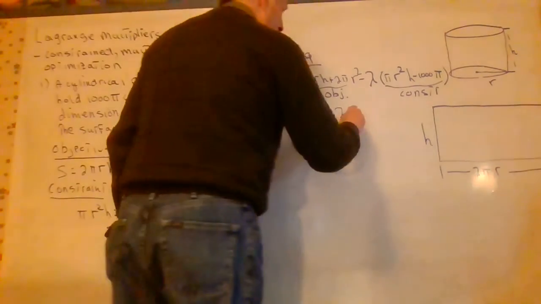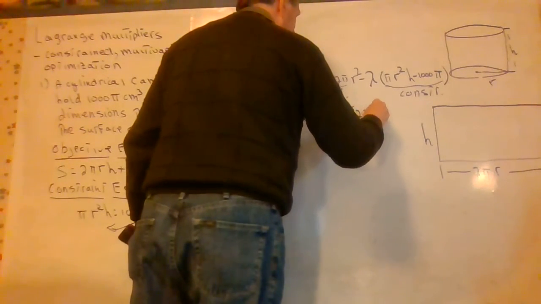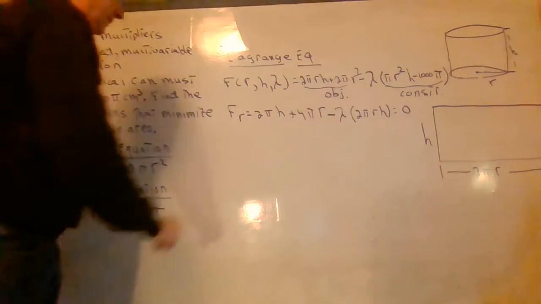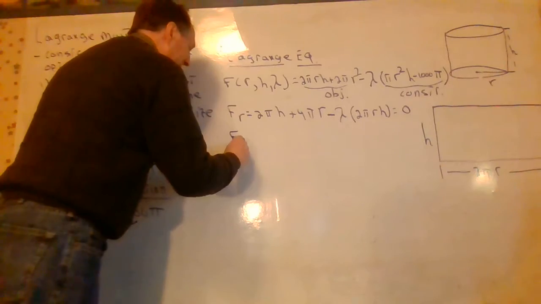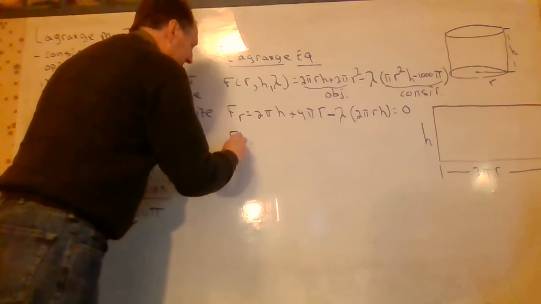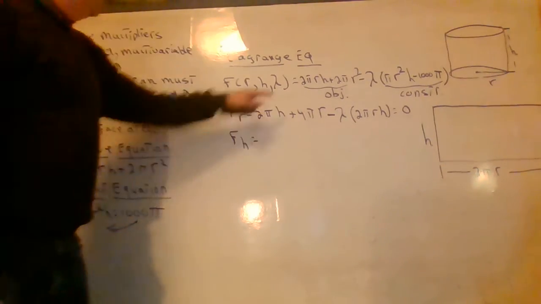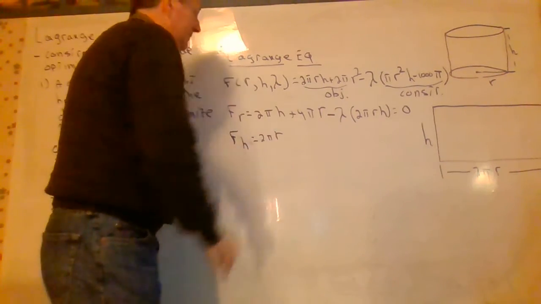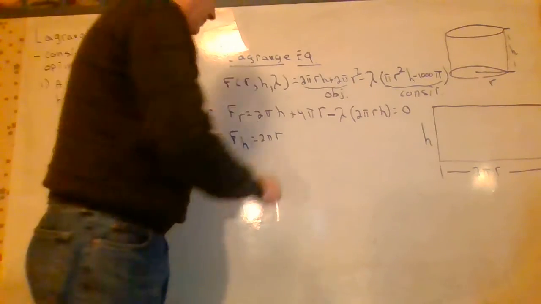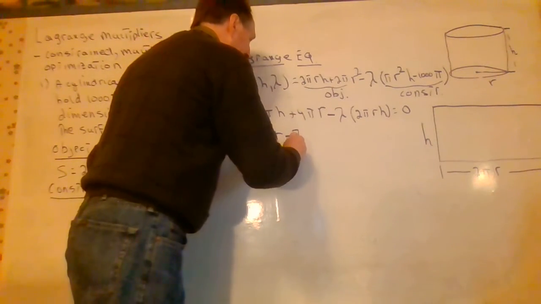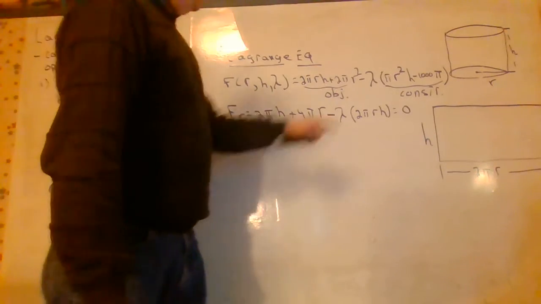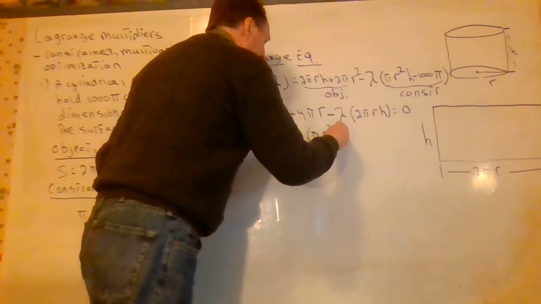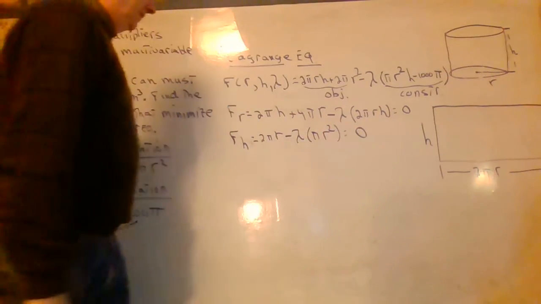And that gives us 2 pi rh, and we're going to set it equal to 0. And then we have f sub h. The h derivative of that is 2 pi r. The h derivative of that is 0. Minus lambda, the h derivative of that is pi r squared. And we set it equal to 0.